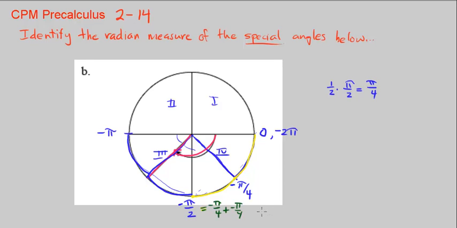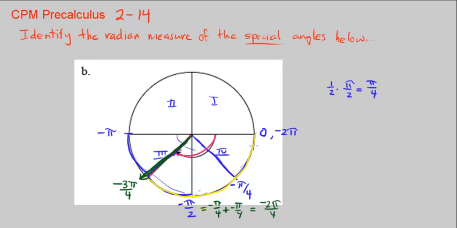Combine the numerators when the denominators are equal and we're adding, so that's negative 2 pi over 4. And that's equal to negative pi over 2, so that's good. We add one more negative pi over 4, and that's going to be negative 3 pi over 4. So this point right here, where we're asking about, is negative 3 pi over 4.